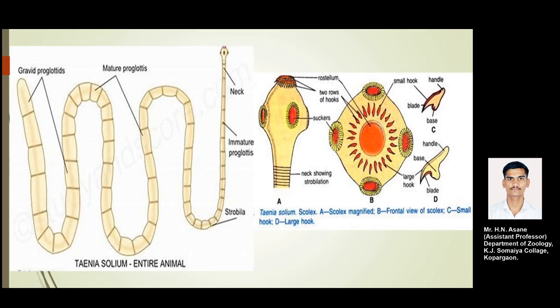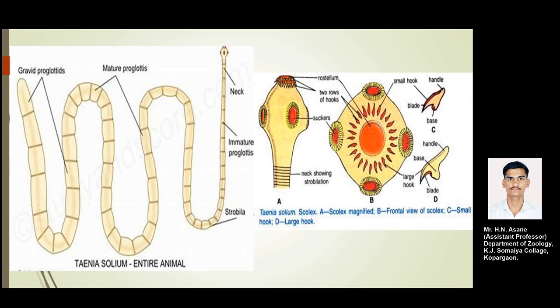The third type is the gravid proglottids, also known as the ripe or ripened proglottids. These are towards the posterior end, containing a branched uterus full of fertilized eggs.